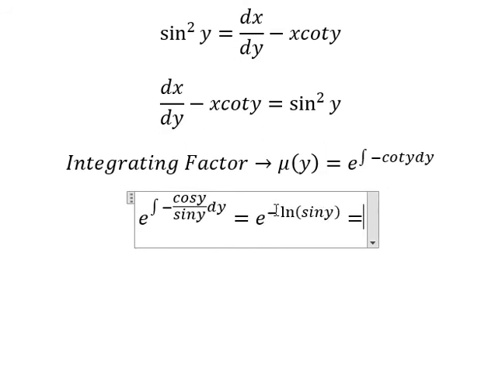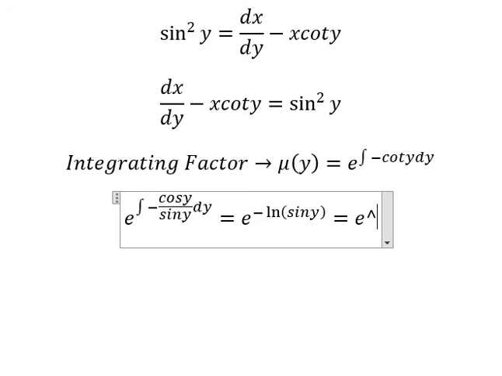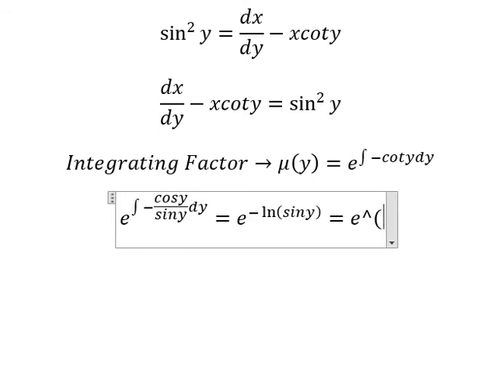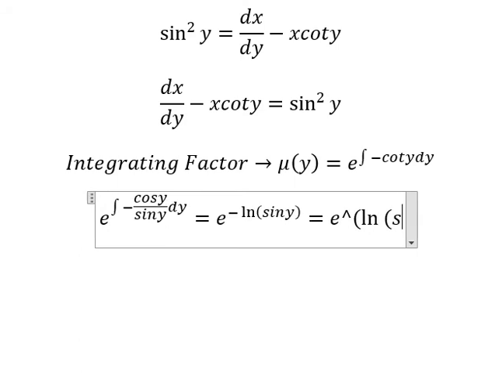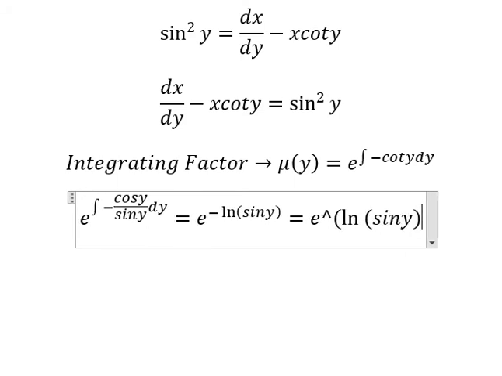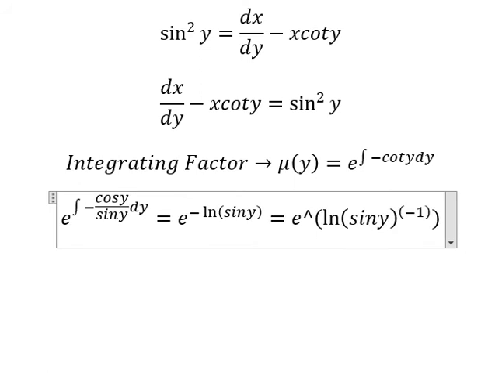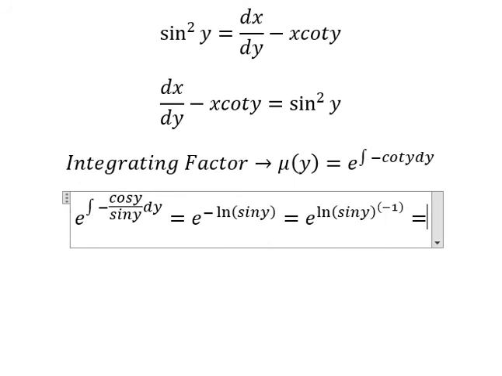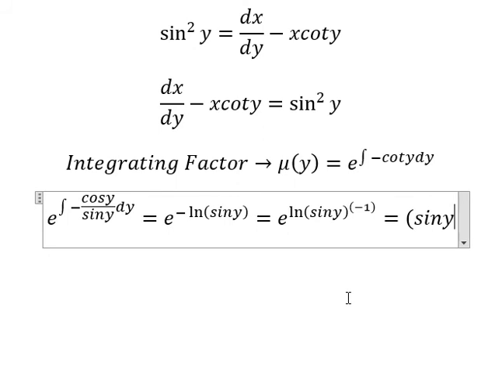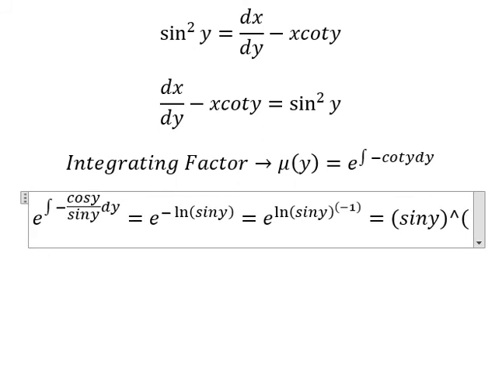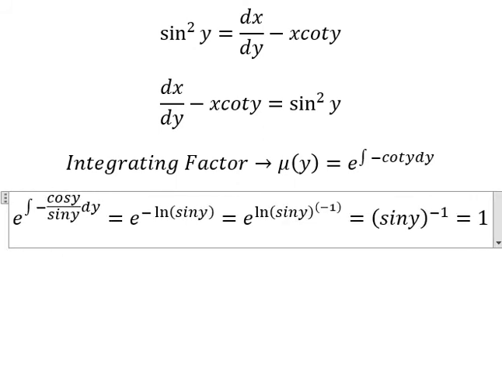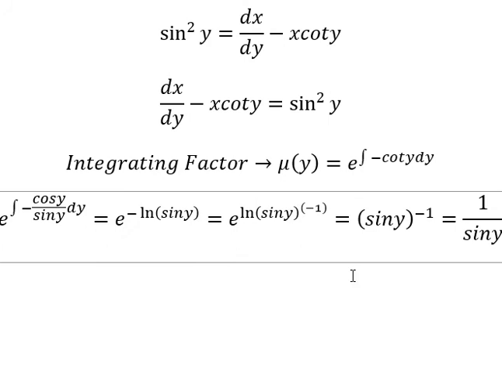The negative we can put inside the ln, and we have e to the power of ln of sine y to the power of negative 1. If we simplify, you get sine y to the power of negative 1, and we have 1 over sine y.